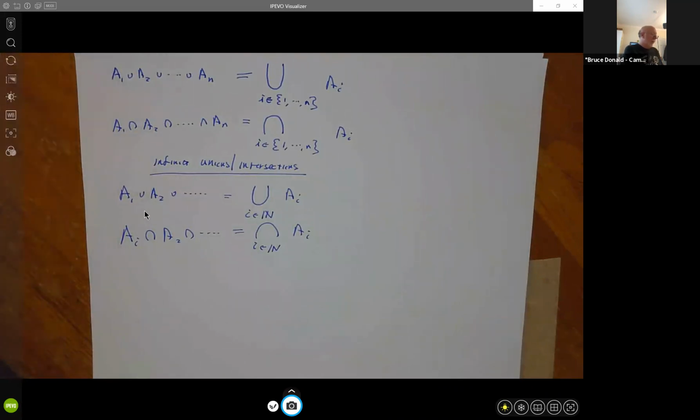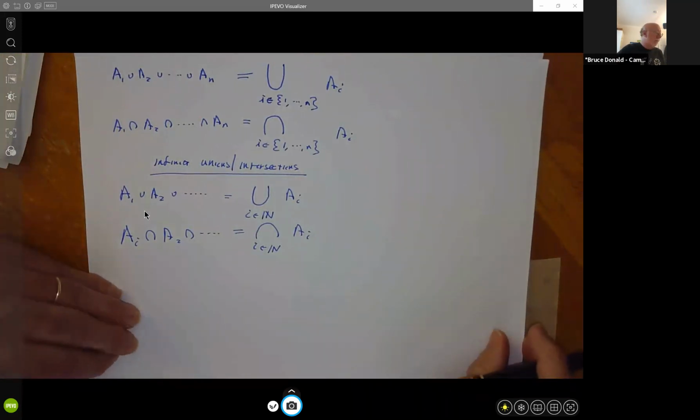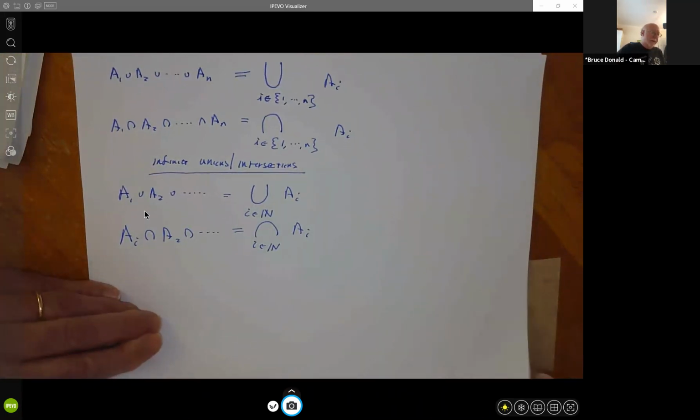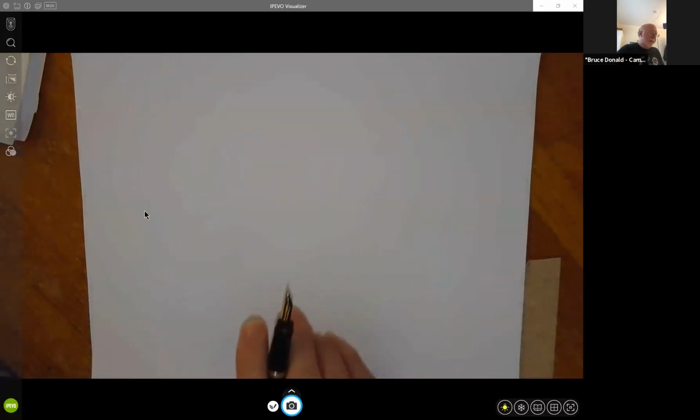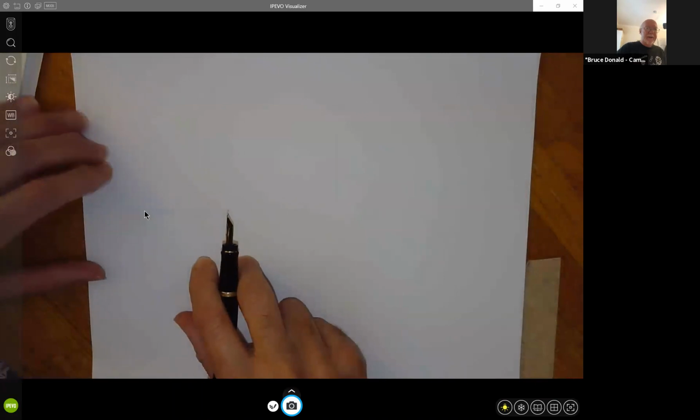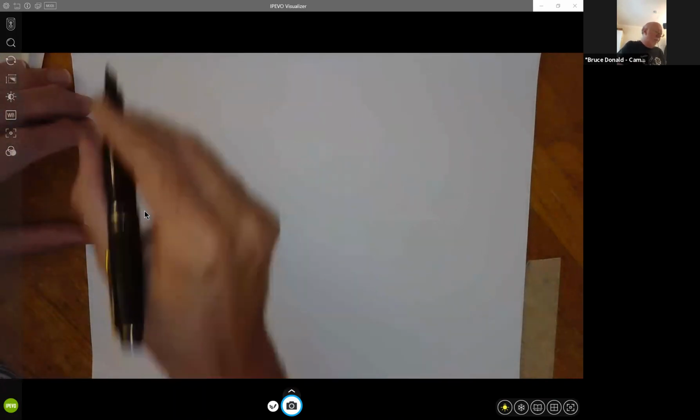Okay. So now I'm going to do some things with infinite unions. And I want to see how big these infinite unions can be. And I'll use this notation. We'll come back to it if we need it. Again, my goal is to talk about the algebraic numbers, which will turn out to be an infinite union, and I want to know how big they are.